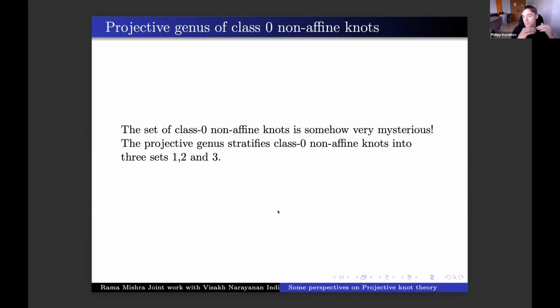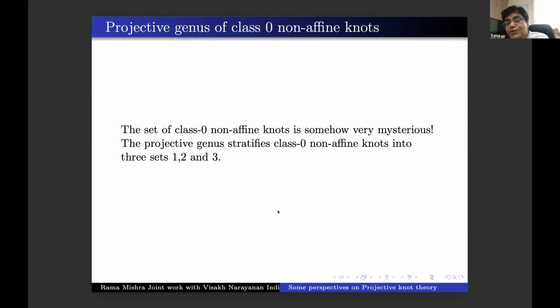But another version of this question: if the lifts are equivalent, can you say the knots are equivalent? I think that won't be true.